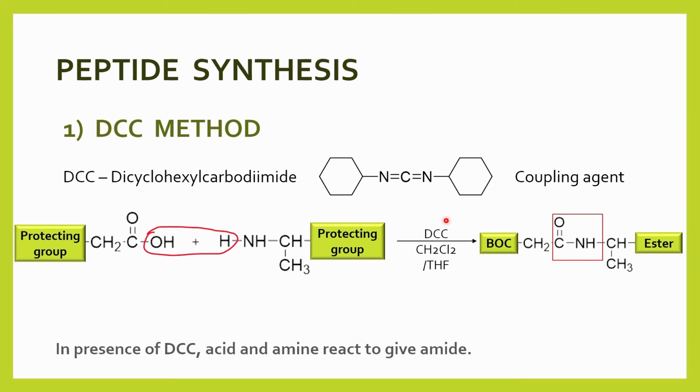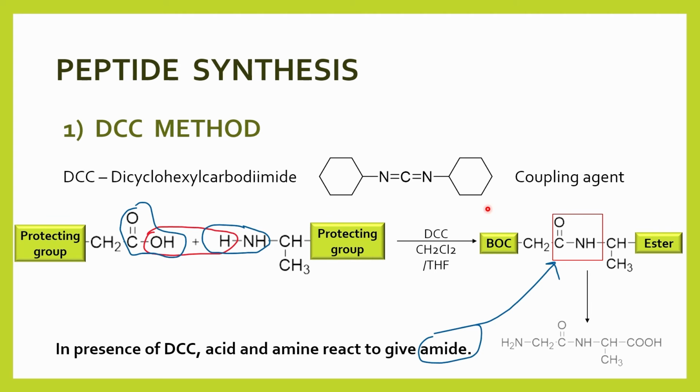DCC has a special feature in which it reacts an acid and amine to give us an amide bond. So this is the property of DCC. And when we have this protected peptide, we would want to deprotect it to get our original dipeptide. So we'd simply get it by passing it through HBr.